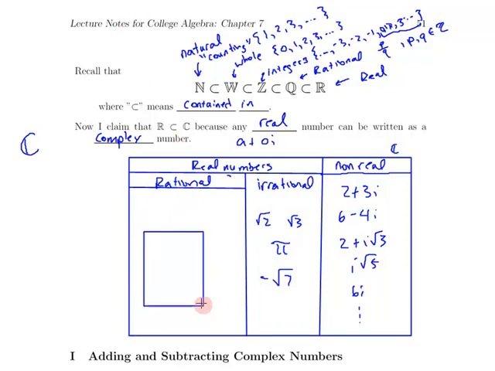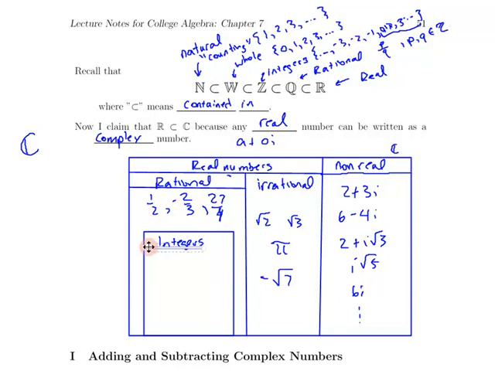Okay, so inside the group of rational numbers, you have a group of numbers that you might refer to as integers. Now there are also numbers like 1/2, negative 2/3, 27/4, numbers that are rational but aren't integers.